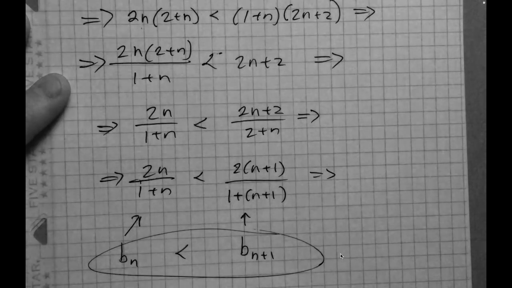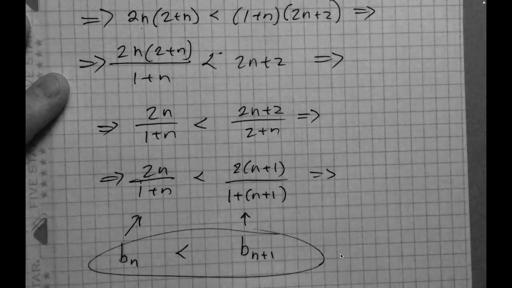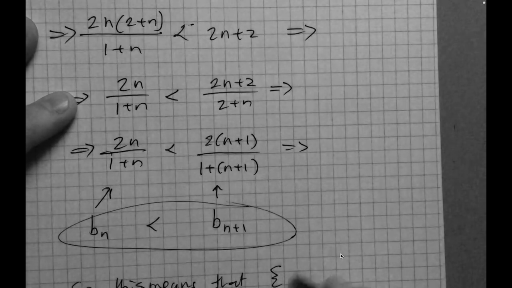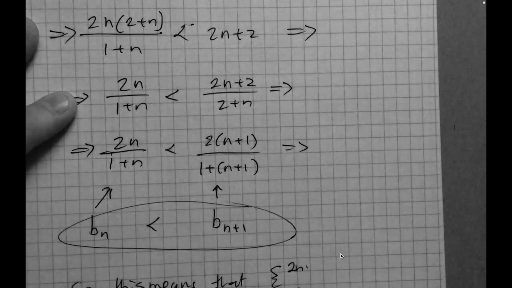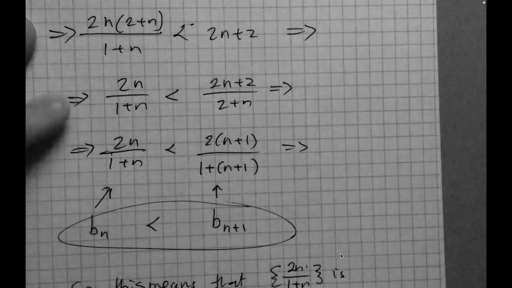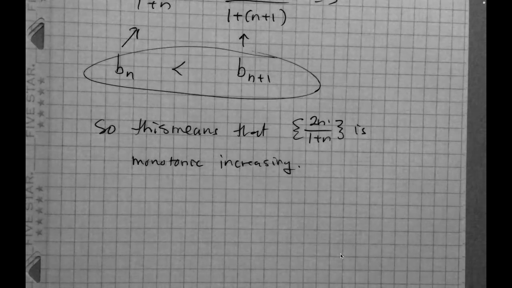So that means that the sequence 2n over 1 plus n is monotonic increasing. There are two flavors of monotonic.